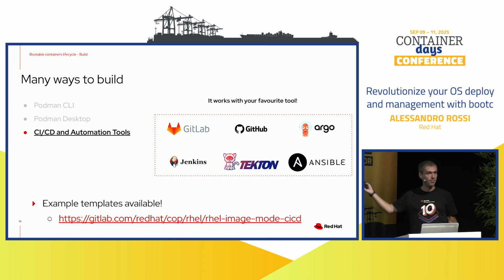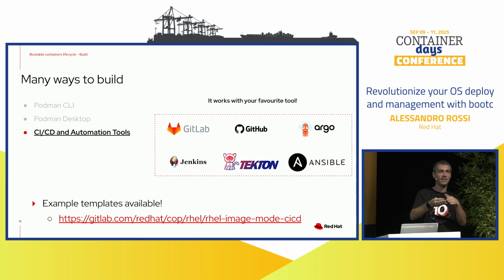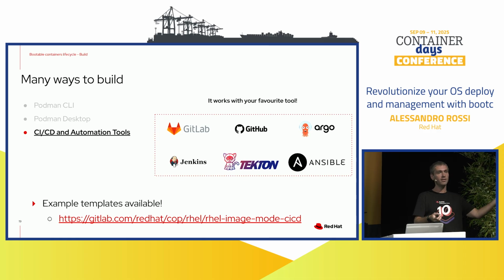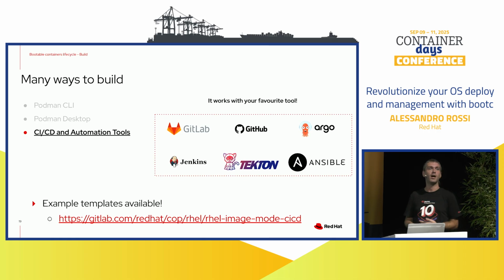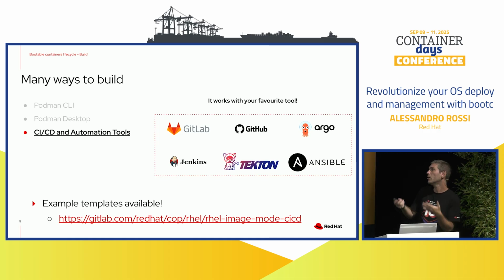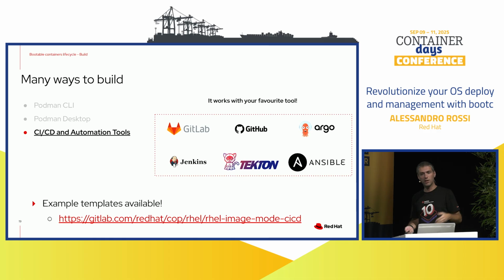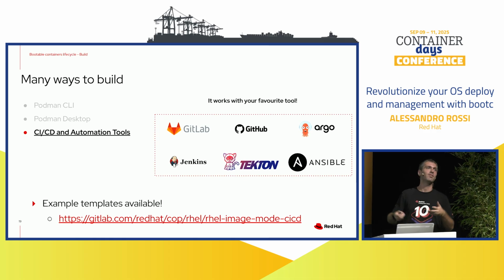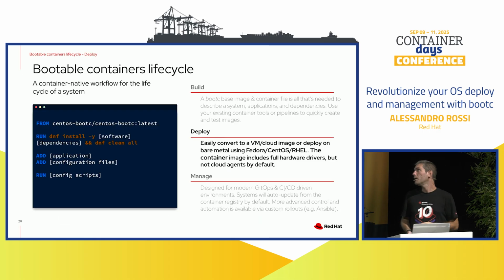I have some examples also on deploying a Tekton pipeline to build, convert, and deploy a KubeVirt VM without touching anything. So it is something that we are working on, and we are working to make it available as validated content from Red Hat.